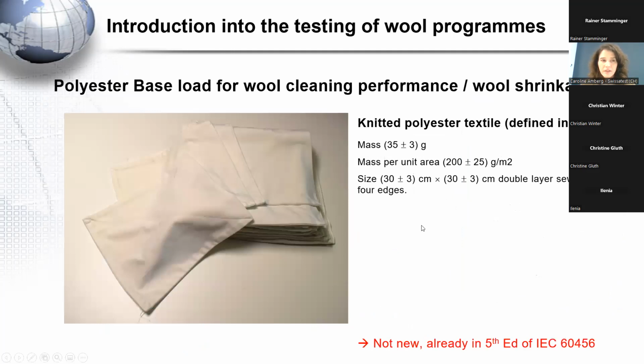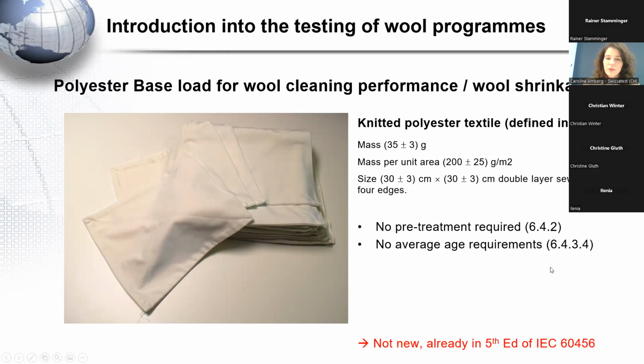Okay, so important for wool cleaning and for wool shrinkage is the polyester base load. In both kinds of tests, you use this base load. This is made of knitted polyester textiles with dimensions of 30 by 30 centimeters. For the test labs performing tests, it is important to know that this base load does not have to be pre-treated.